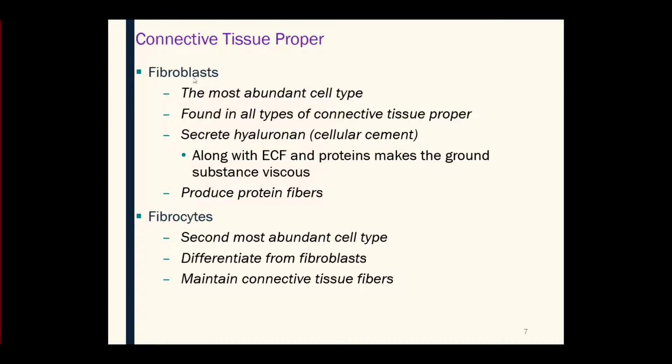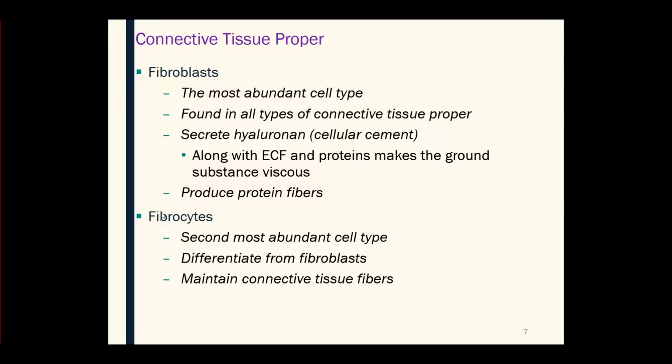Blast cells, as a general rule, guys, are going to produce things. Now, once the blast cell produces everything that it needs to produce, it is going to convert to a cyte. The adult cell here is known as a fibrocyte. A lot of times we consider the fibroblast like the immature or the child cell, and then eventually it will become the cyte.